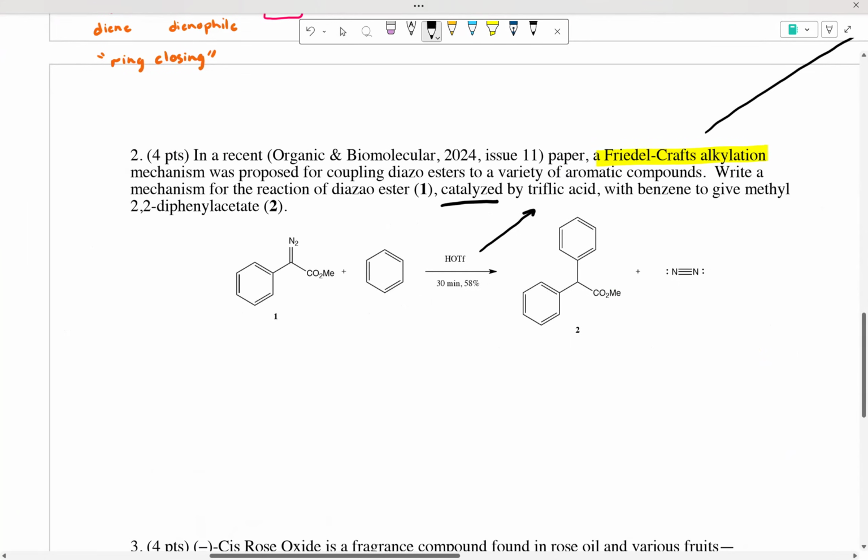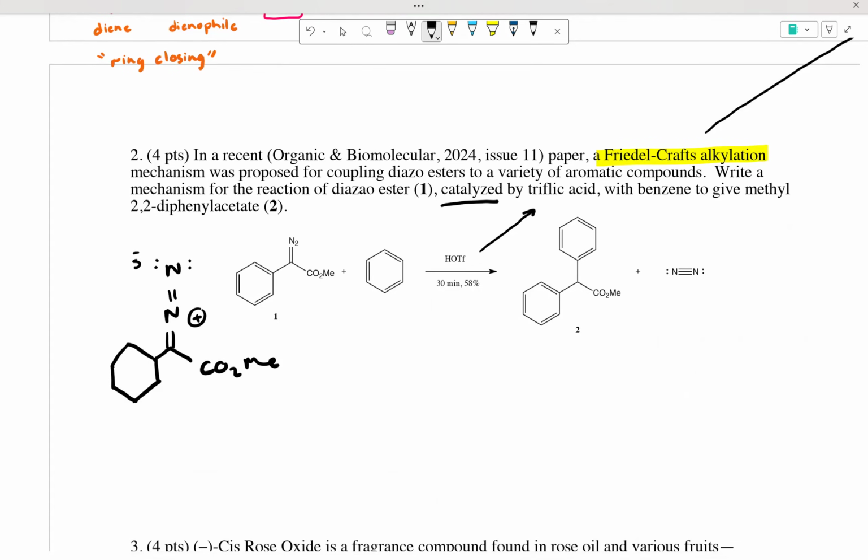Okay, first things first. We're going to recognize how this molecule works. This corresponds to being able to draw resonance forms for molecules, Lewis structures.